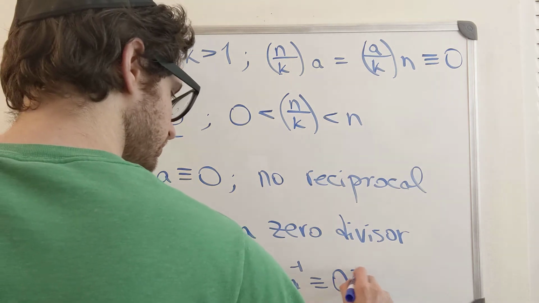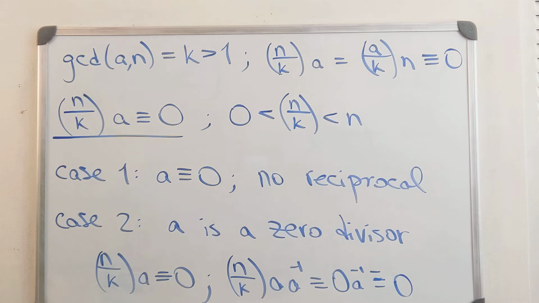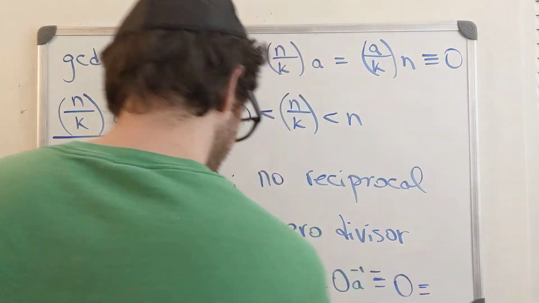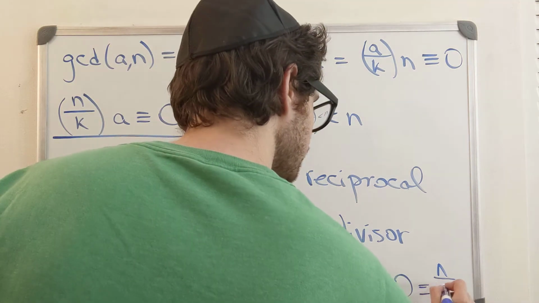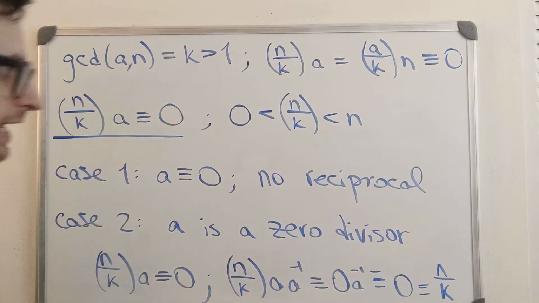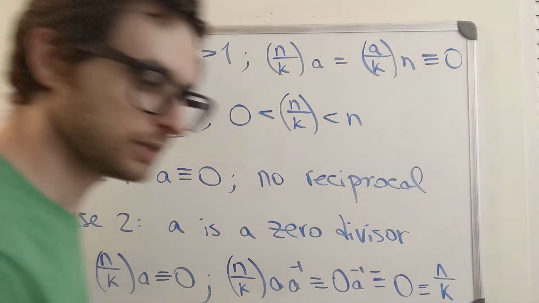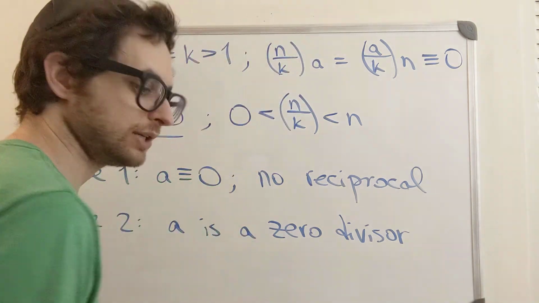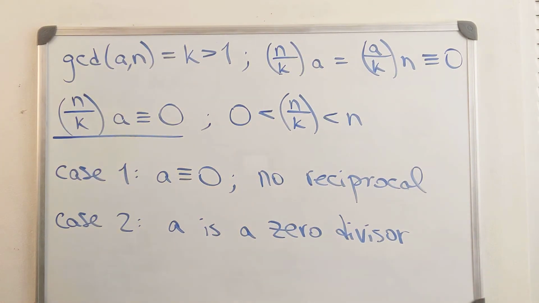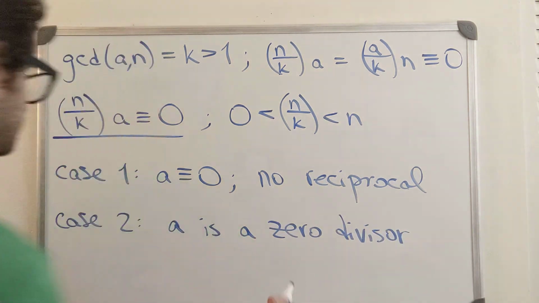After all, 0 times a inverse is 0. And this has to equal n over k. That's what these two being inverses means. But we already ruled out the possibility that n over k was 0 mod n, because it's strictly between 0 and n. So 0 divisors, this is a very general fact, a 0 divisor in any ring can't possibly be a unit, can't possibly be invertible. So again, no reciprocal. And that is it.